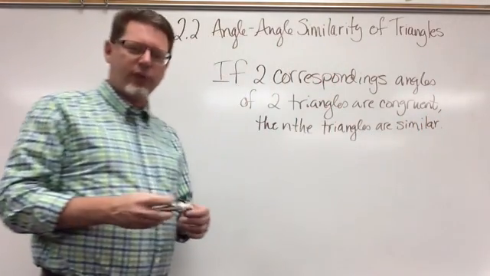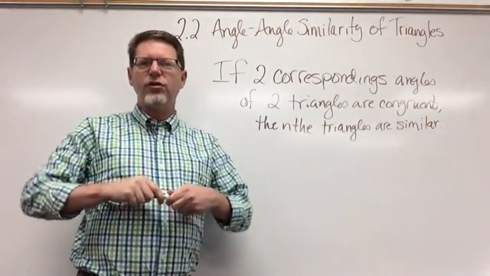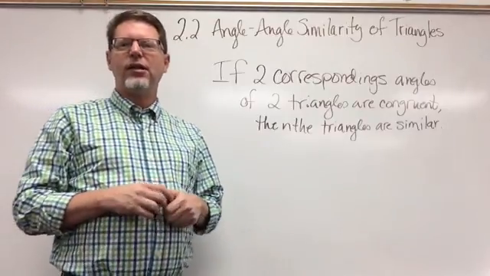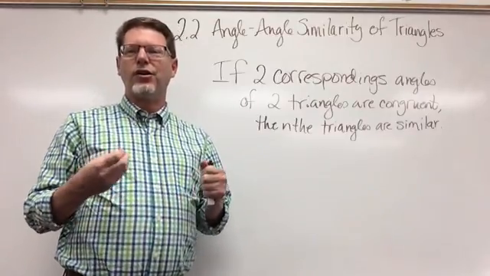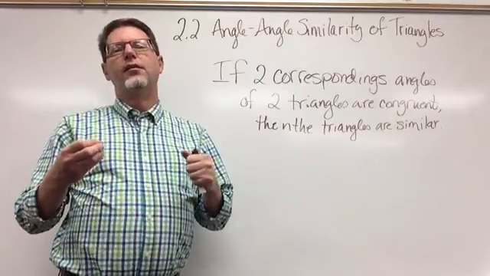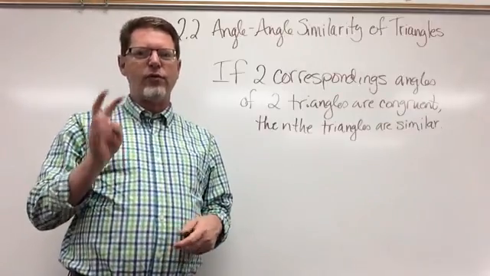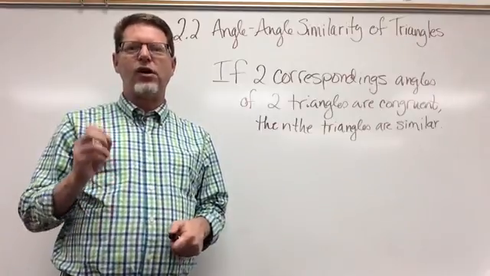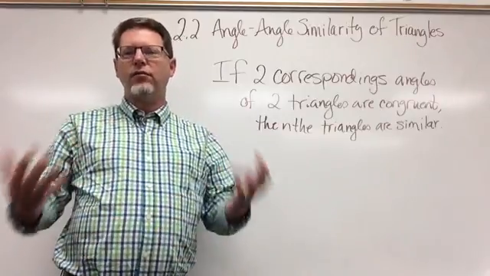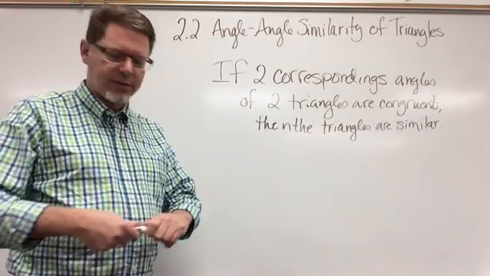So I'll say that one more time while I'm not standing in front of it. If two corresponding angles of two triangles are congruent, then the triangles are similar. So we just have to prove that two out of the three angles are congruent, and then we can say that the triangles are similar.